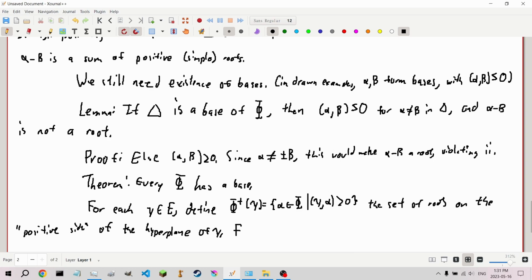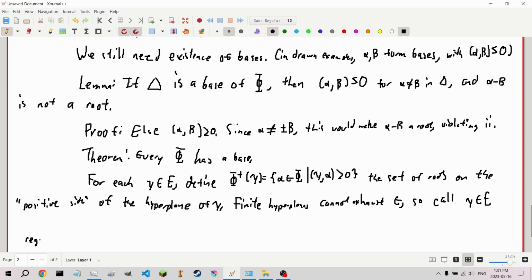And we know that finitely many hyperplanes as a union cannot exhaust E. So we call a vector gamma in E regular if gamma is not in any of the hyperplanes defined by the roots, and singular otherwise.